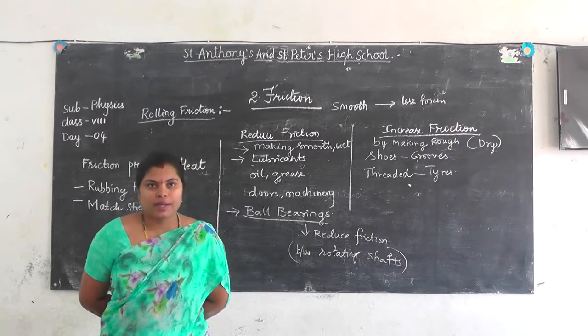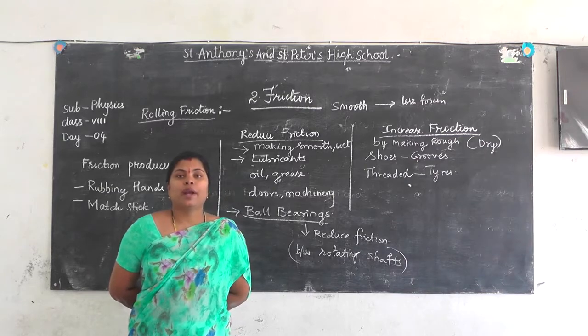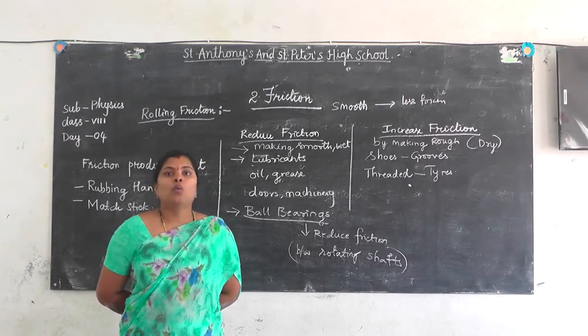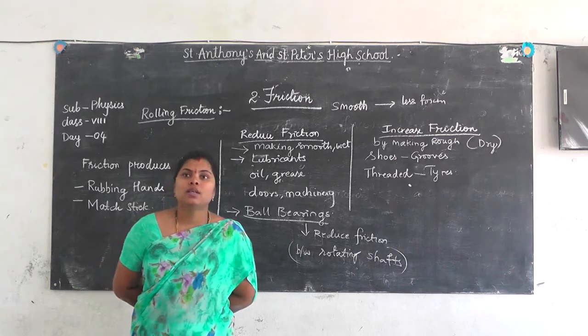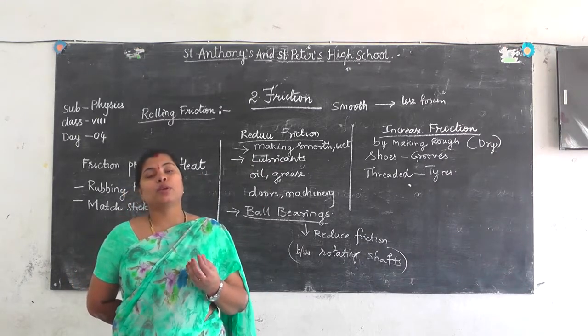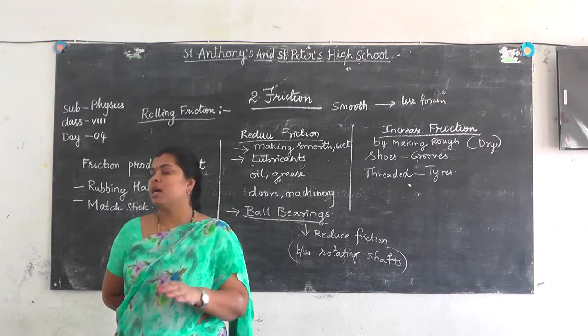Lubricants are those materials which are used to reduce friction. In order to reduce friction, the things we use, like oil, grease, or your carrom board powder, all come under lubricants because we use them to reduce friction.